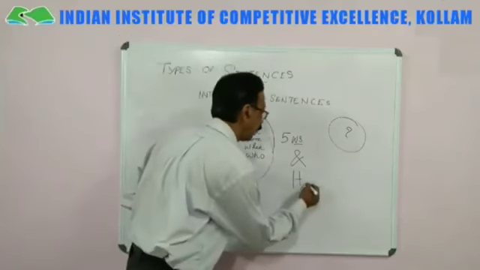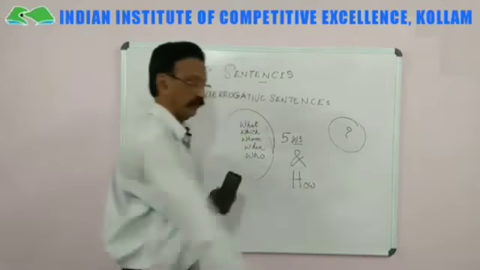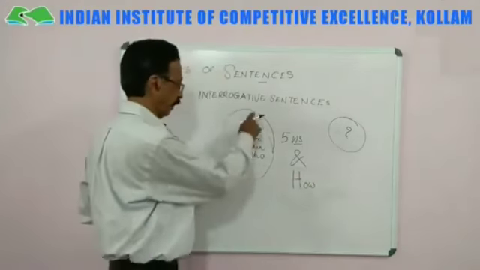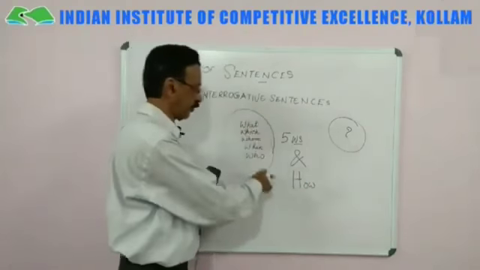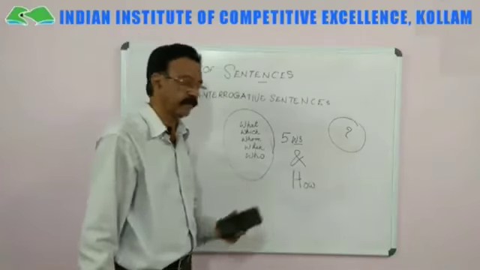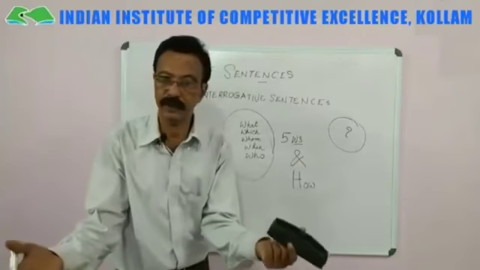H is how. When you use one of these 5 W's and 1 H or how, you can easily make a sentence.